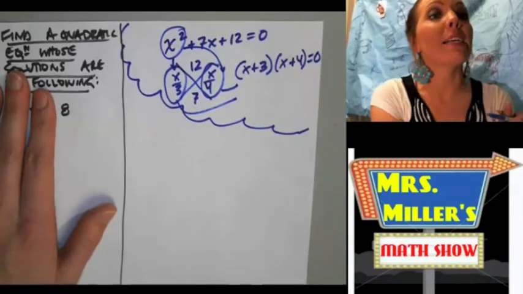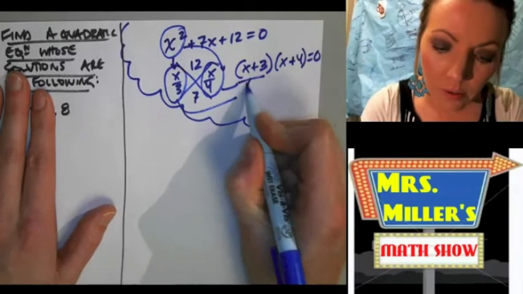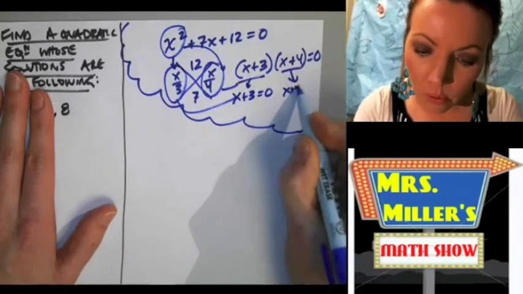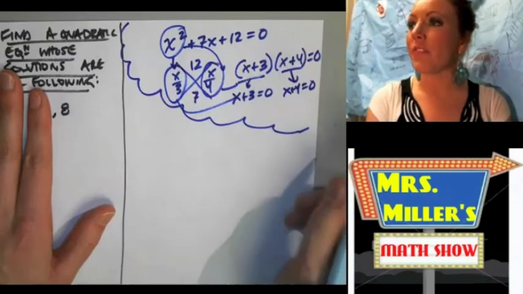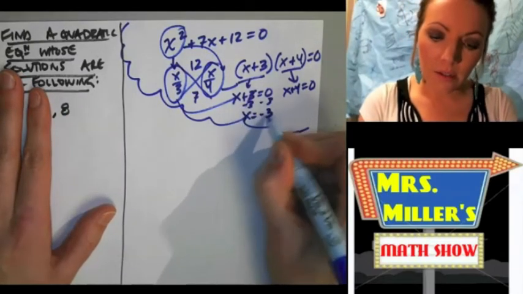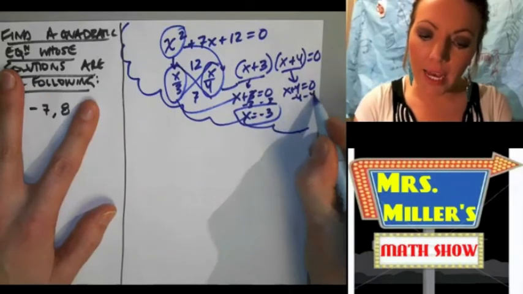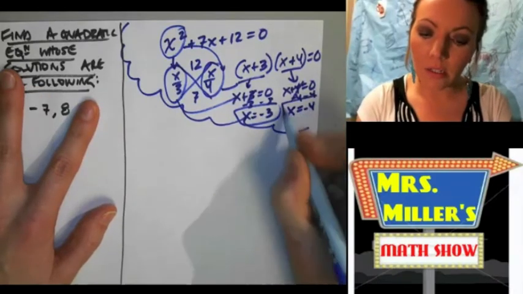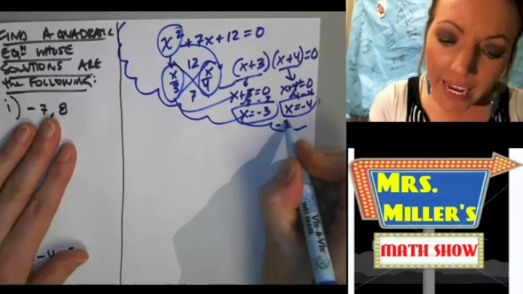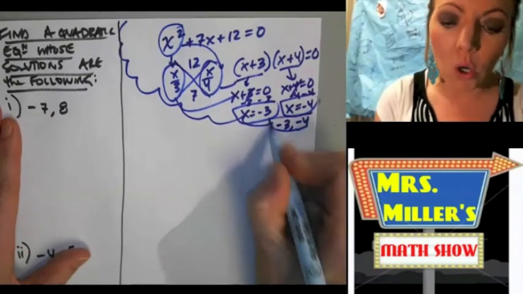X plus 3 equals 0. X plus 4 equals 0. And then how do we solve each of them, Tyler? Subtract 3 and 4 from both sides. Everybody give it up for Tyler. So our two solutions to this are -3 and -4, correct?